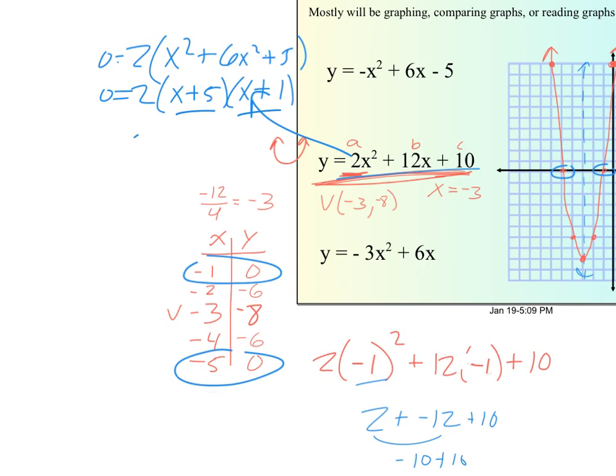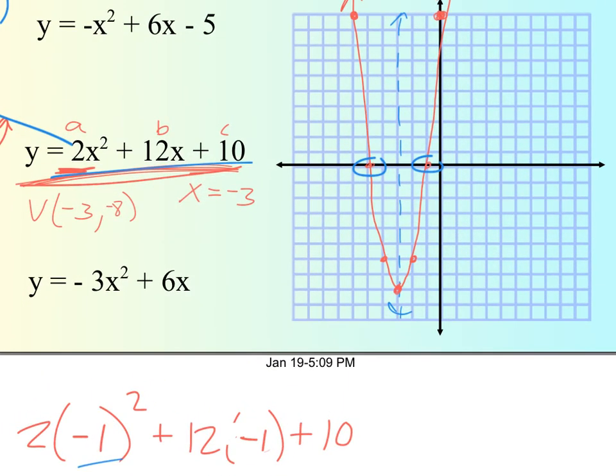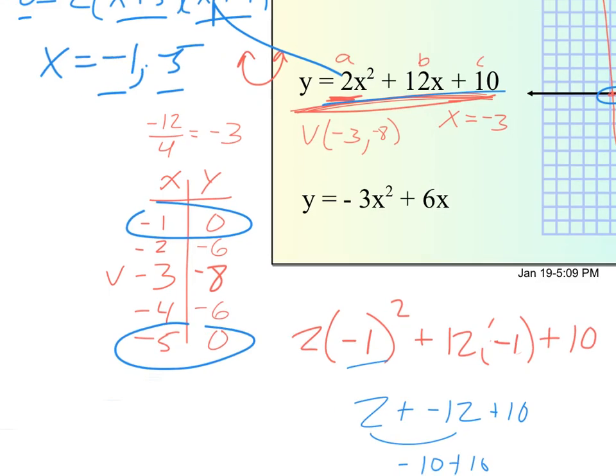Negative 5 and negative 1 would be my two roots. And that is literally saying, okay, when I put in negative 1 or negative 5, I get 0 in the equation, which is those points, which I see in this table. So it all connects nicely there, okay? Again, you might not always have to use the factoring at the end. That's just maybe if you need a few more points and if it does actually factor.